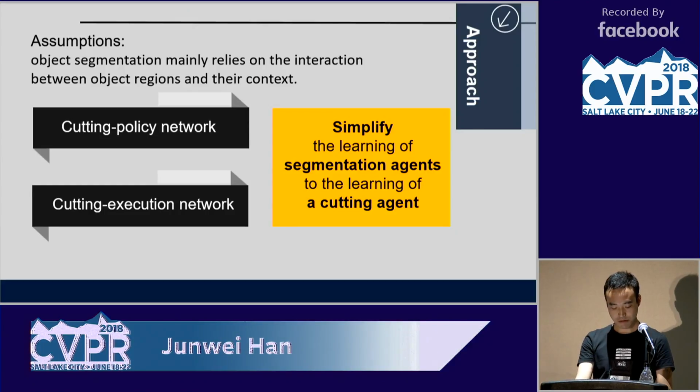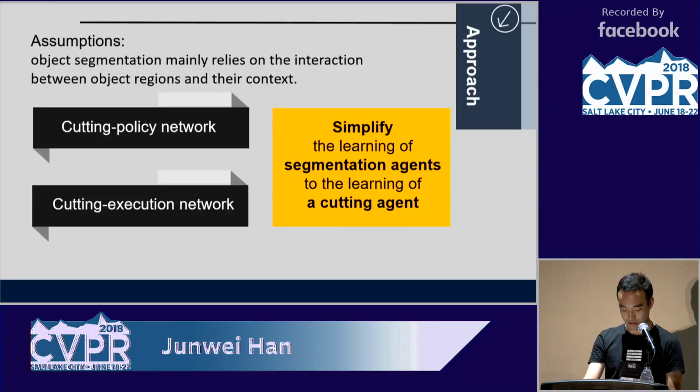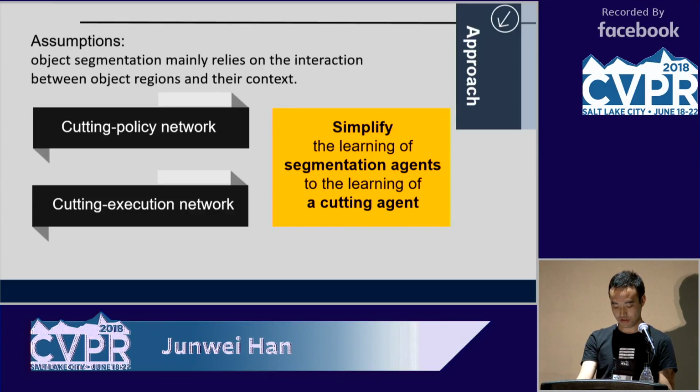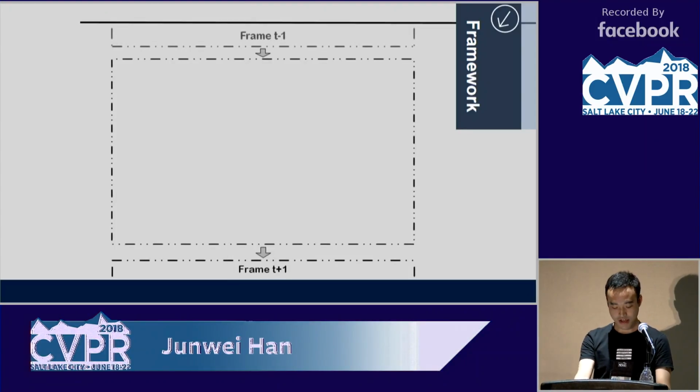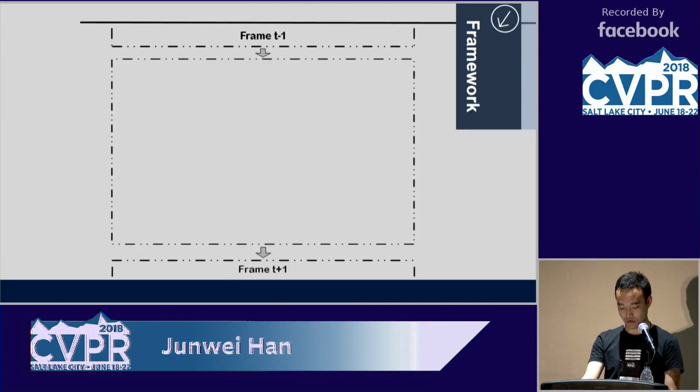Based on this assumption, our cutting agent consists of a cutting policy network and a cutting execution network. The former learns policies to decide the optimal object-context box pair. The latter executes the cutting function based on the inferred box pair. Let us see the framework of our approach.